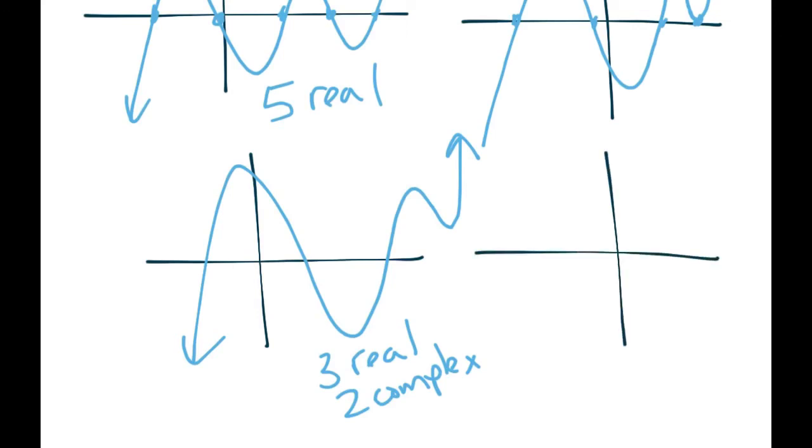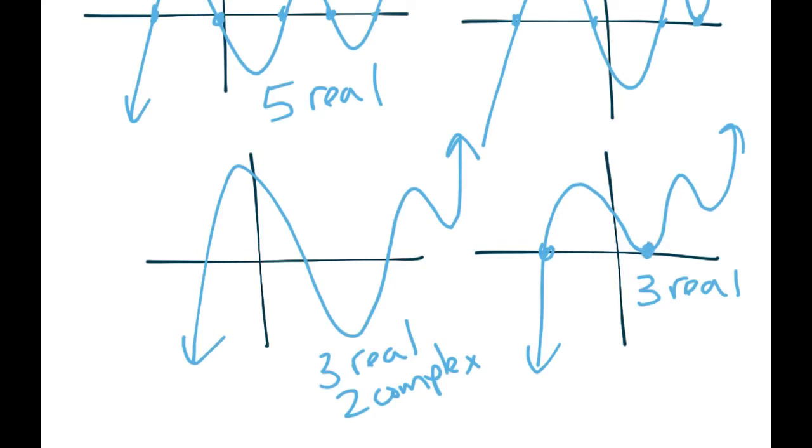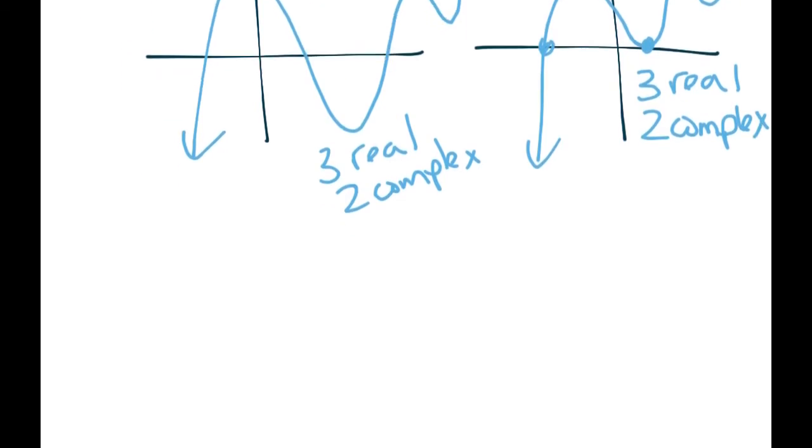All right, that was 3 times. I wonder if I can draw this so it hits twice. Hey, look at that. I drew it so it hits twice, except when it hits twice, doesn't it really still have 3 real roots because this one here is a multiplicity 2? Now let's see if I can draw it so it only hits once.